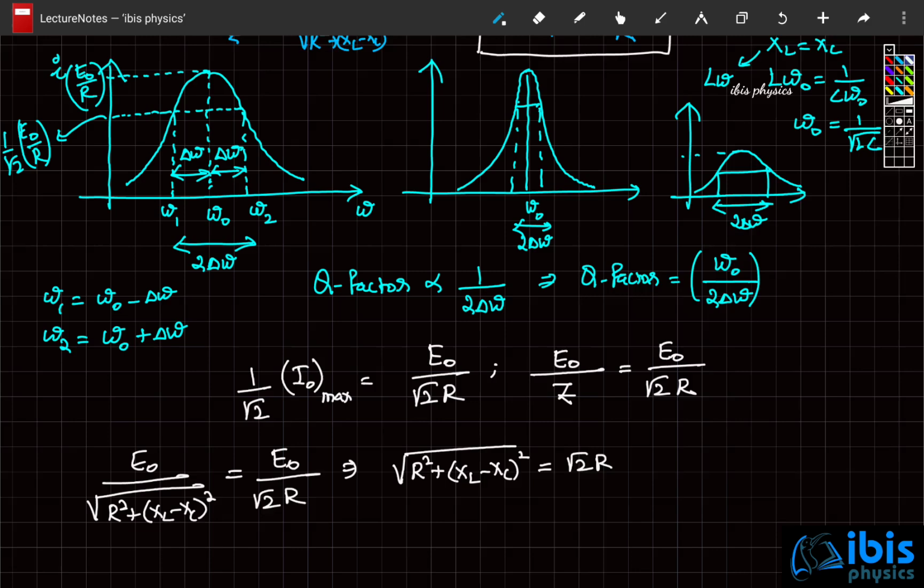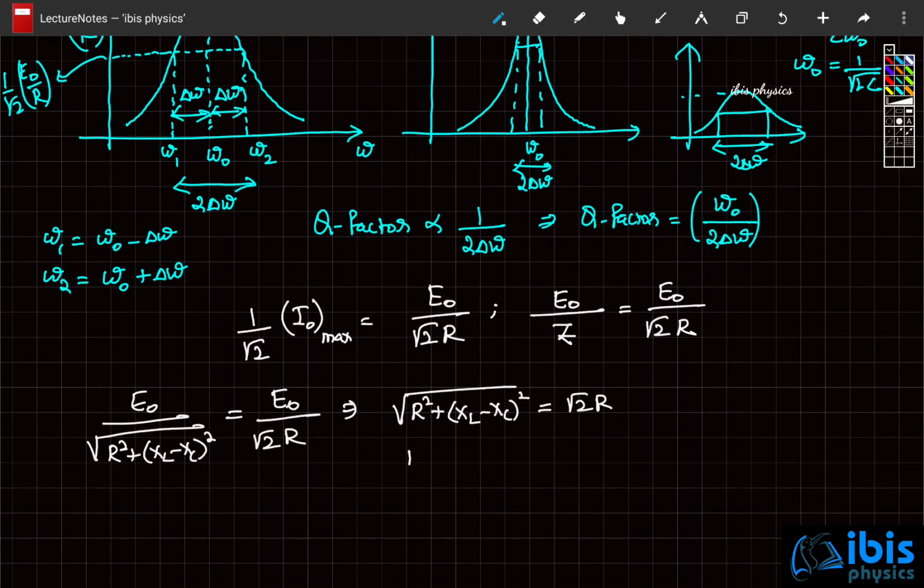When you take the square, it is R square plus XL minus XC the whole square equal to 2R square.